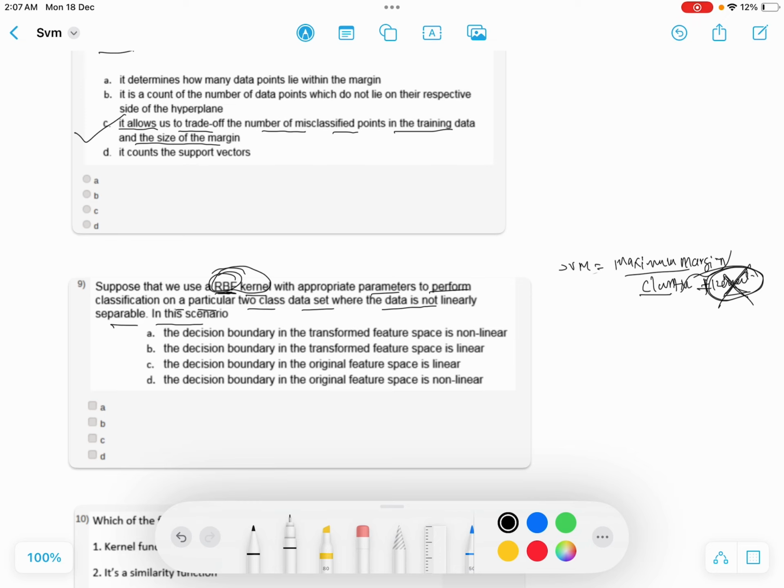if you have some data that is not linearly separable, then using the kernel you can transform all these data points to a higher dimension, and you can have the linear classification with the hyperplane.